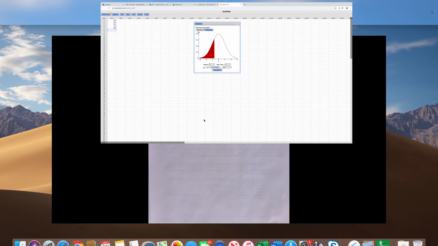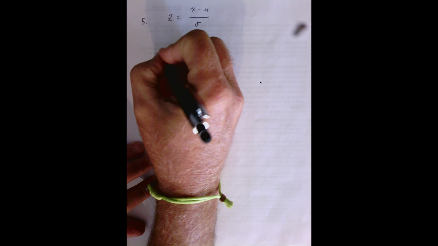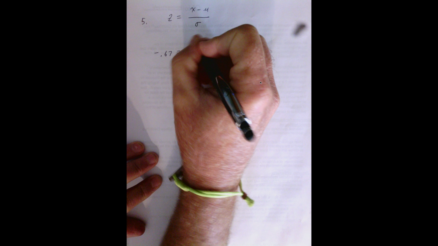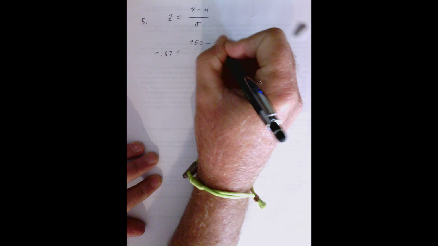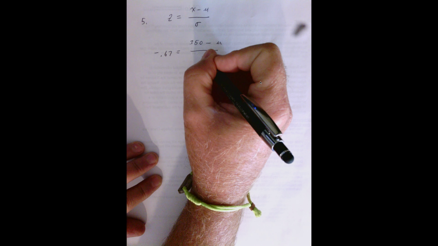So now, and again I'm working number 5, I'm going to use the z-score formula. So negative 0.67 must correspond to a score, and the standard deviation is 100.